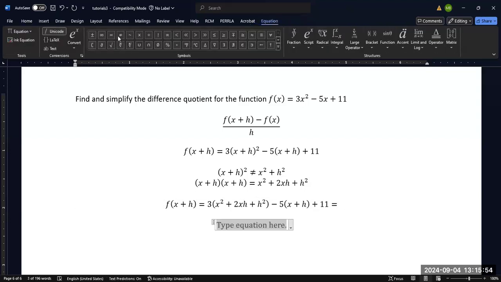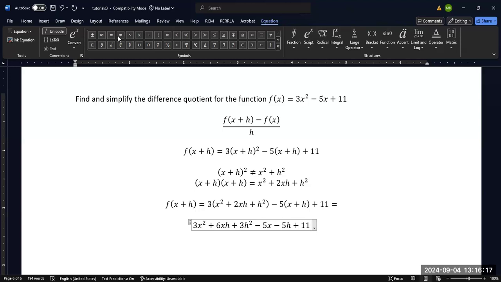And if I simplify one more time by doing my distributing, 3x squared plus 6xh plus 3h squared minus 5x minus 5h plus 11.